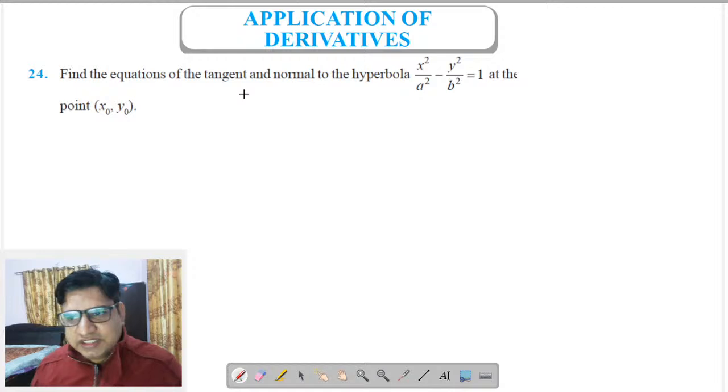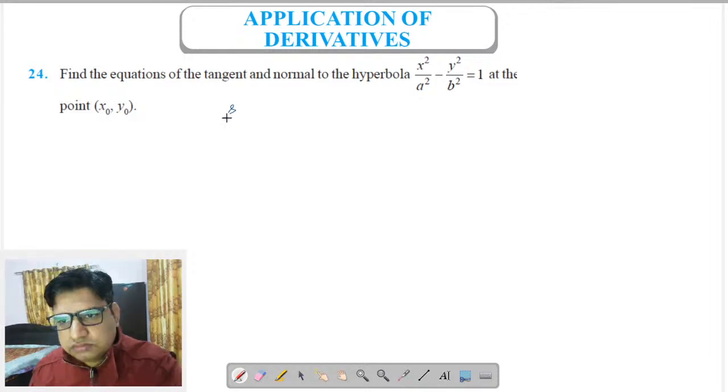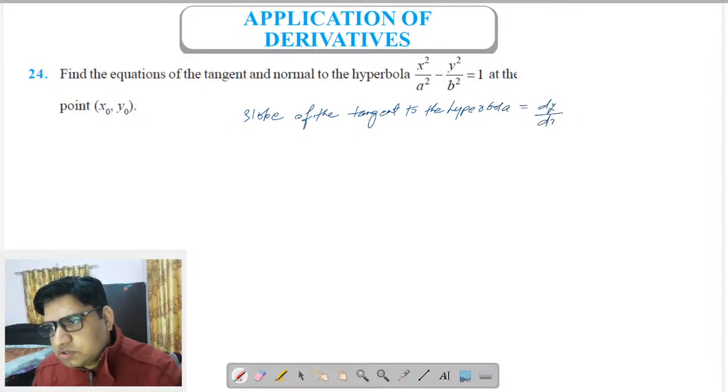So the slope of the tangent to the hyperbola is equal to dy by dx or f dash x.